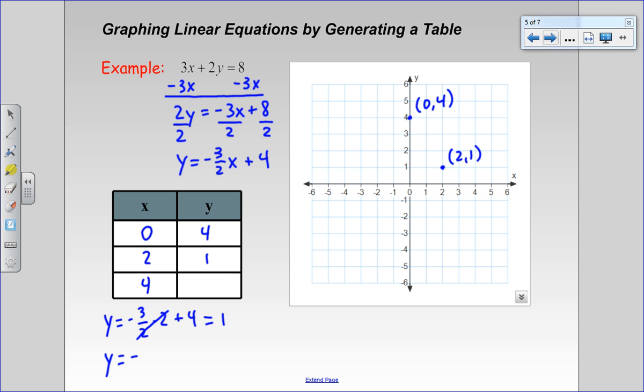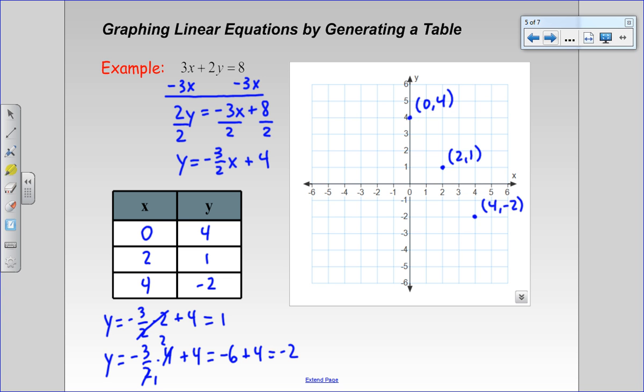So y equals negative 3 over 2 times 4 plus 4. Simplifying the 4 and the 2, we have negative 6 plus 4, or negative 2. So let's plot the point 4, negative 2.